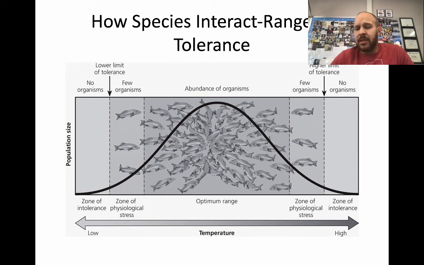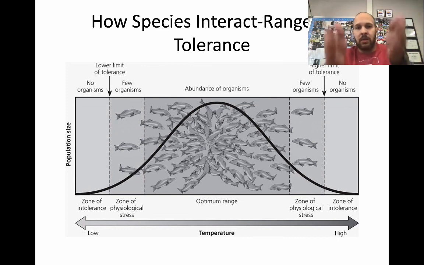Range of tolerance. This is another concept here: organisms generally live within a range of tolerance, the optimum ecosystem environment in which they can reproduce the most, and that's called a range of tolerance. Now, pictured here is temperature, but this could be anything. This could be pH.